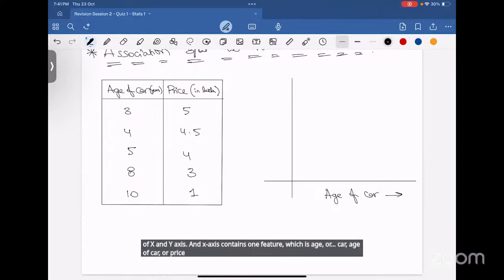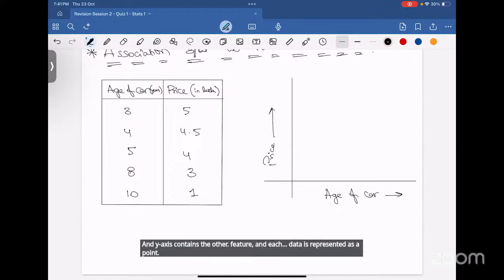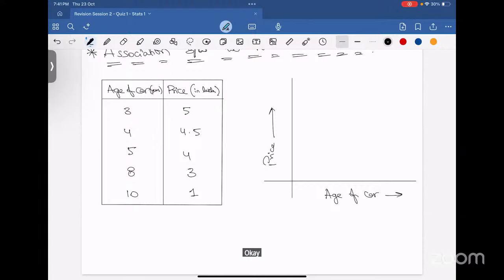You can put anything you want. And the y axis contains the other feature. Each data is represented as a point on this xy plane. So age of the car is 3 and price is 5 lakhs. So you just have to plot 3 comma 5.